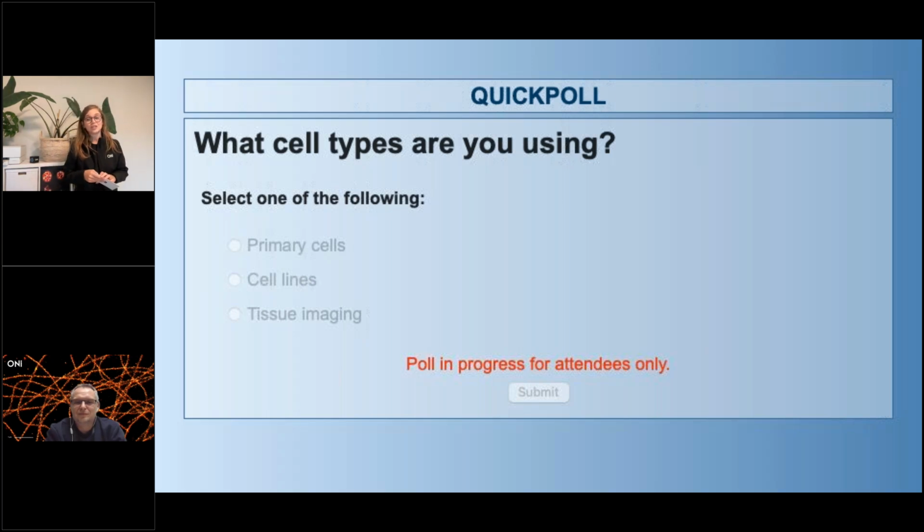Our question for you is, what cell types are you currently using? Are you using mostly primary cells, or cell lines, or are you saying, no, I'm actually using tissue, I'm very interested in tissue imaging? What cell types are you using at the moment? We will give it a few seconds again, so you can answer.